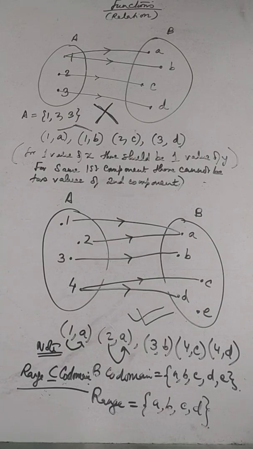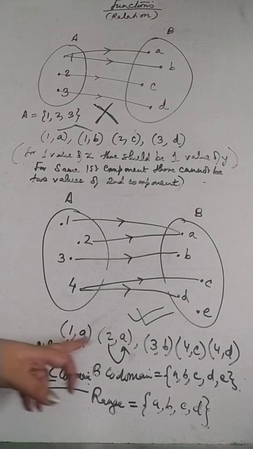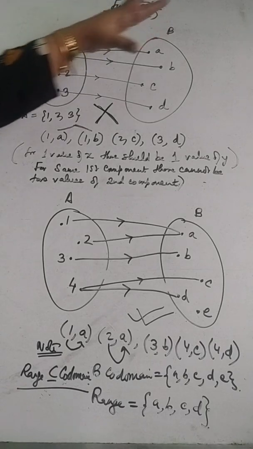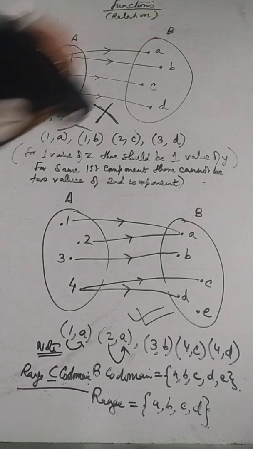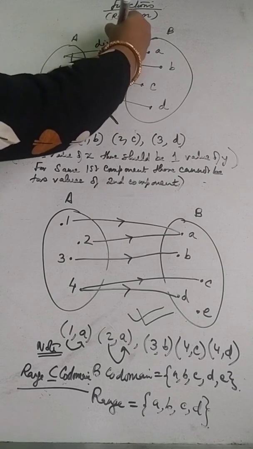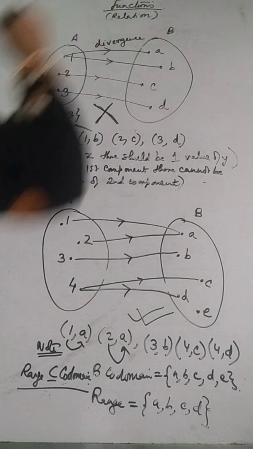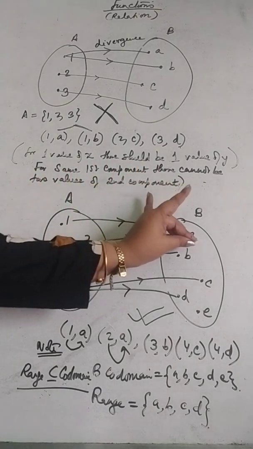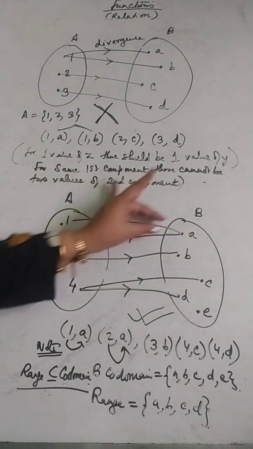That is not important. What is important is that every element of x should give me only one value of y. So this is allowed. In fact, notice something here. This is diverging. If you come across a divergence, it is not a function. Whereas here it is converging from here. Another.